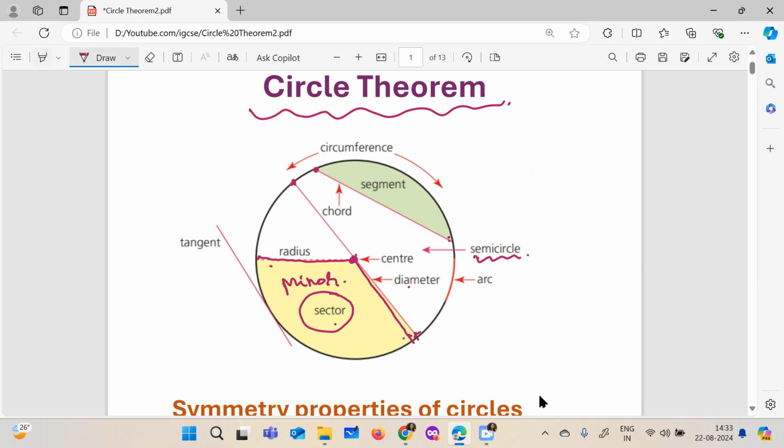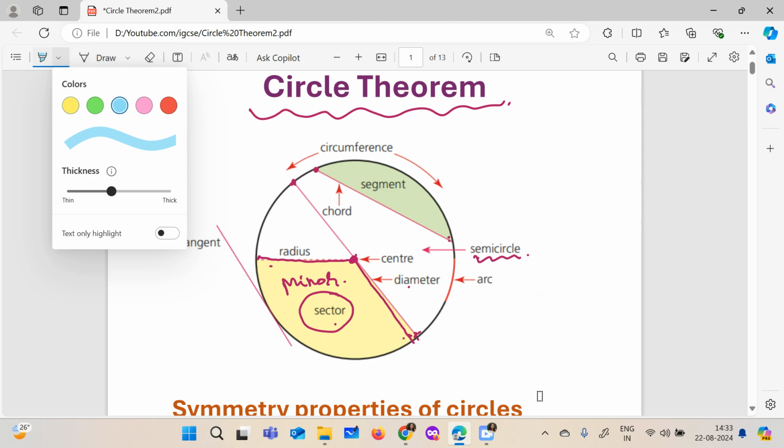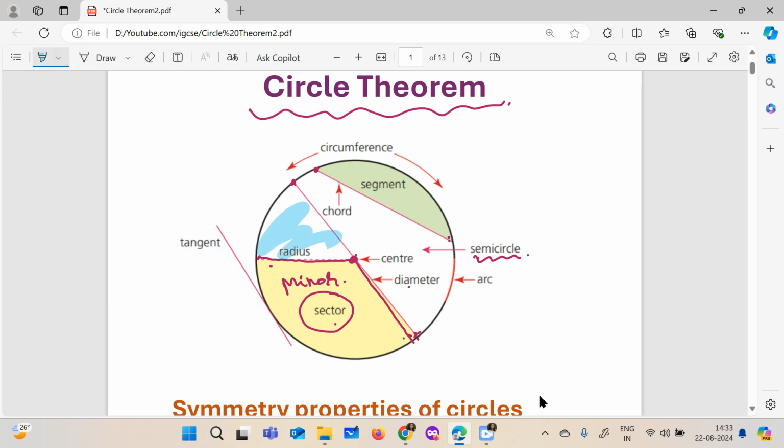And I will show you now the major sector. This is also enclosed by the radii, but this is the major sector. I hope it is clear what a major sector and a minor sector are. So here we learned minor segment, major segment, minor sector, and major sector.